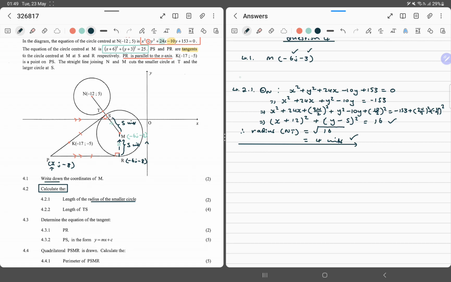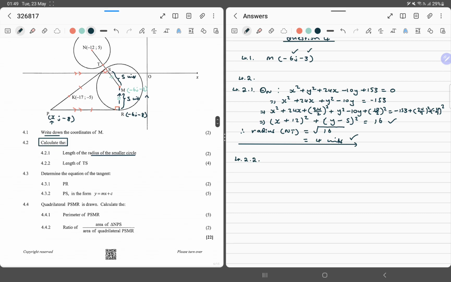So we've got here 4.2.2. It says now the length of TS. Okay, TS, maybe let's just highlight it instead.